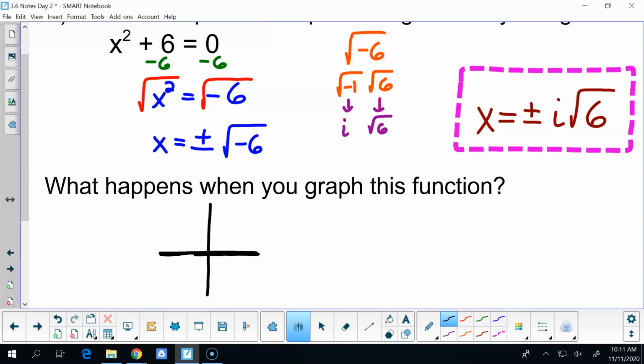This one would only cross in imaginary town, so it would never cross the x-axis. It would stay totally above or possibly totally below. It would never cross over, because if it crosses over, then we have a 0. We can find what that value is, and it wouldn't be imaginary.